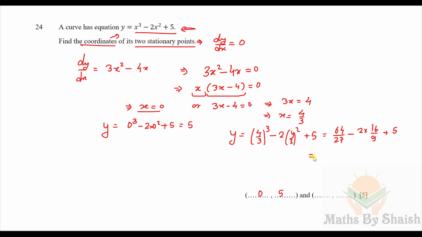And now we are going to calculate this. 64 over 27 minus 2 times 16 over 9 plus 5, and this is coming to 103 over 27. So we can write our answer as a fraction also. So corresponding to 4 by 3, the y value is 103 over 27, and those are the coordinates of the two stationary points.